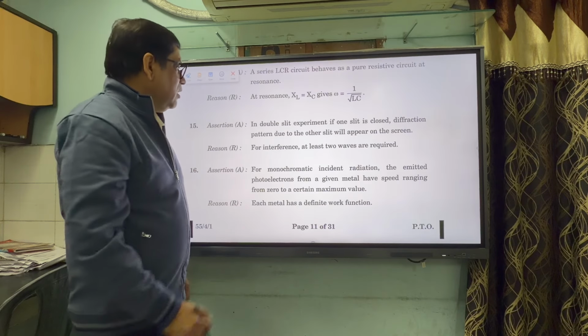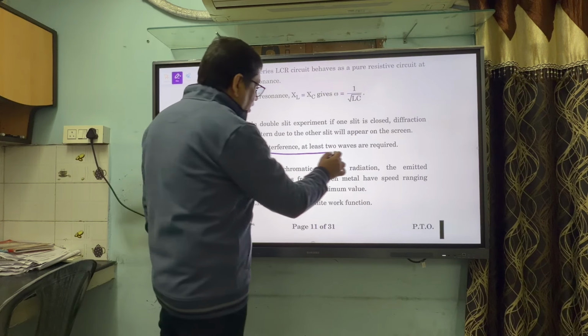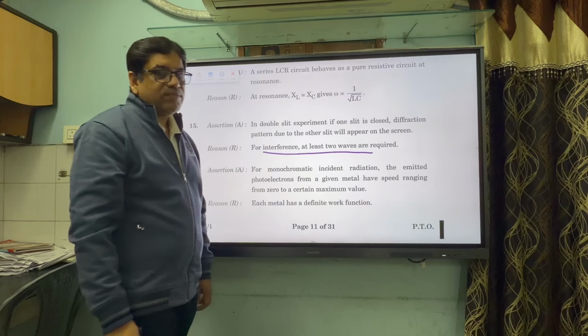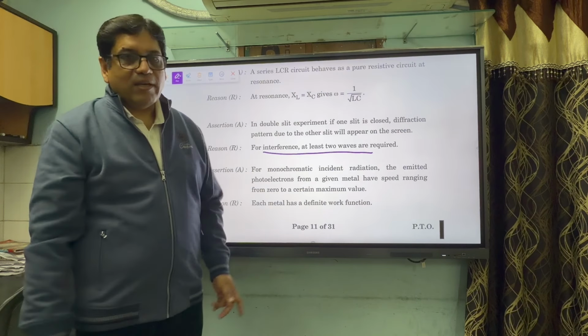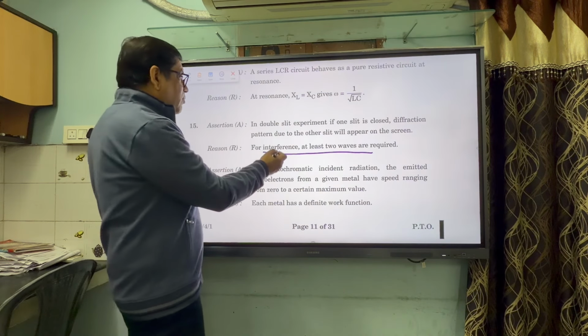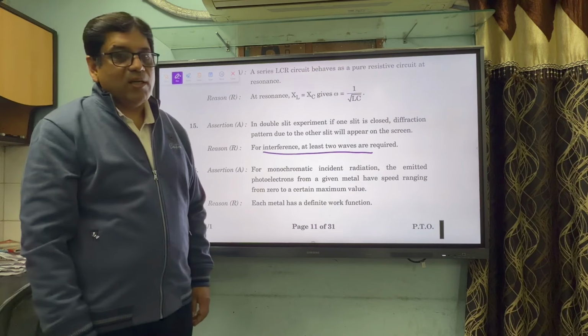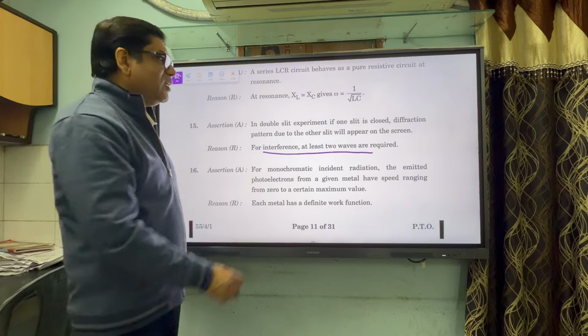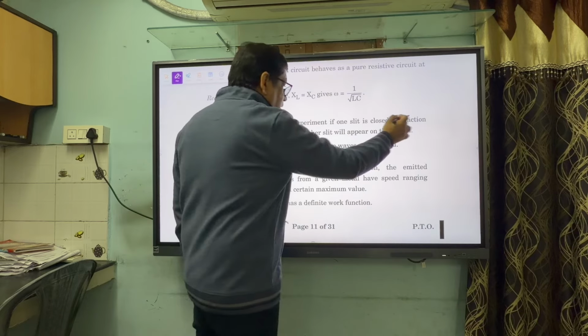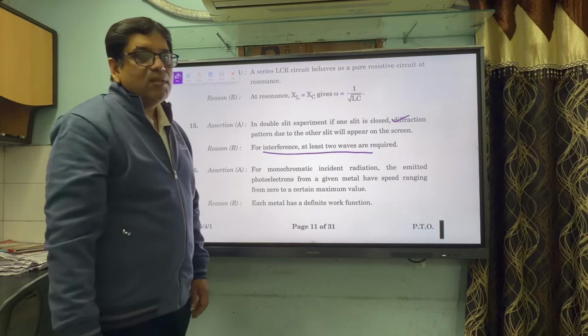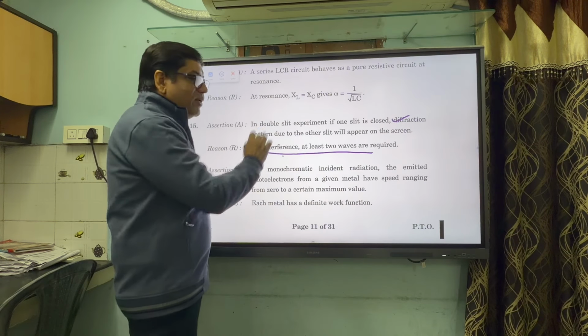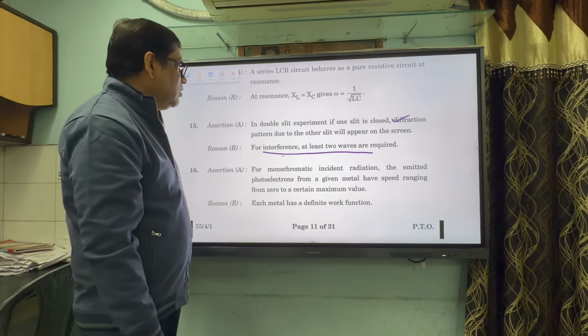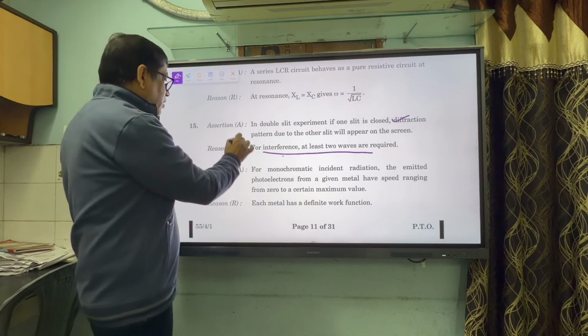And what is written below, for interference at least two waves are required, this is also correct. But there is no link between them, because here interference was discussed and there diffraction was discussed. Single slit will always give diffraction pattern. Double slit will always give interference. But a double slit experiment cannot explain diffraction. So there is no link, although both are correct. So answer is B.